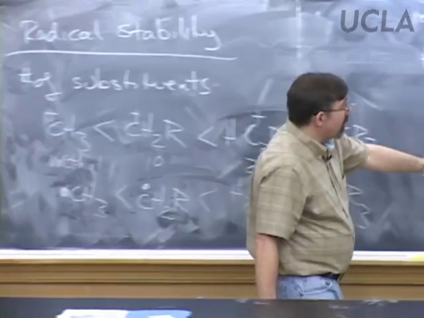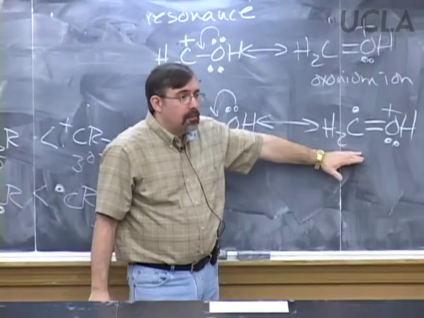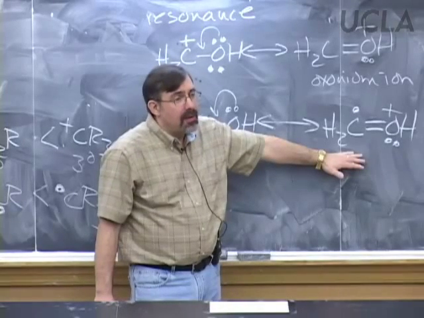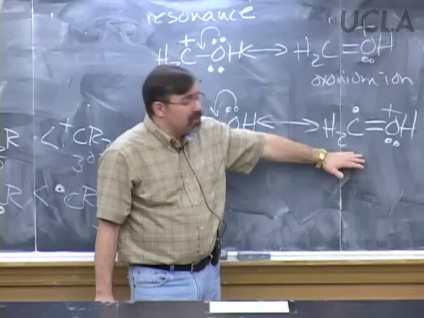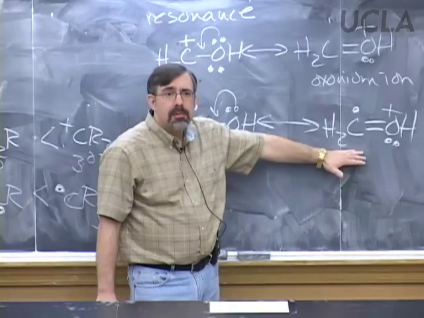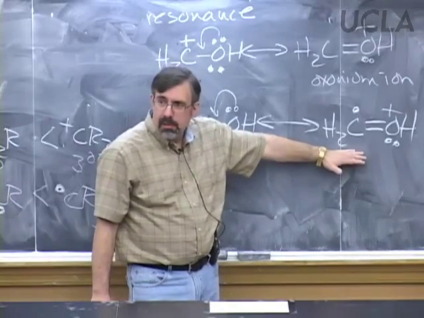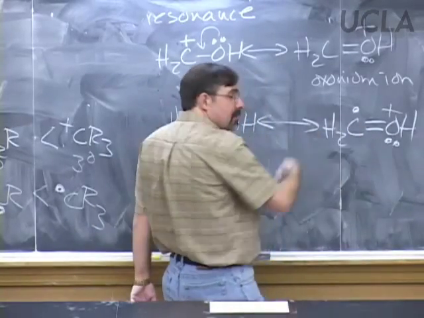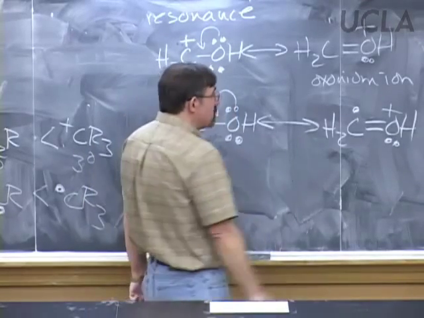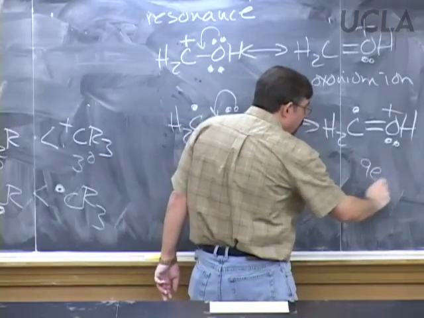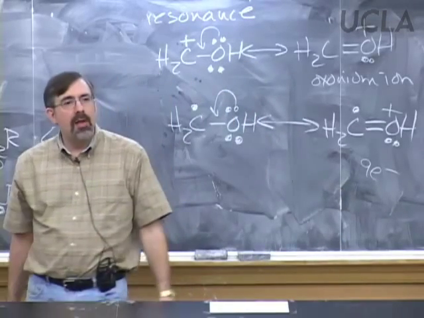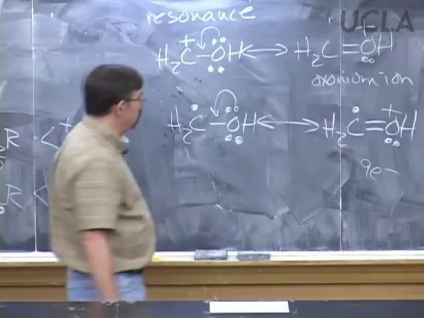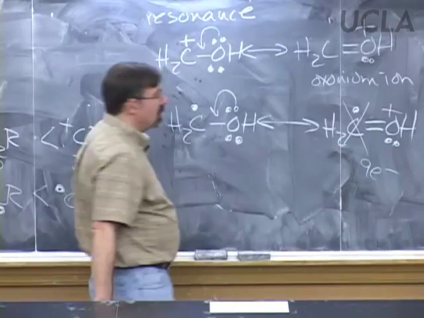Does every atom have a full octet? Yes. And then some. There's a problem with this. Who wants to criticize? Carbon has too many electrons. 2, 4, 6, 8. I'm counting the 4 for the CH bonds, plus this guy. 9 electrons. Can carbon have 9 electrons? Never, ever. No. So that's no good.